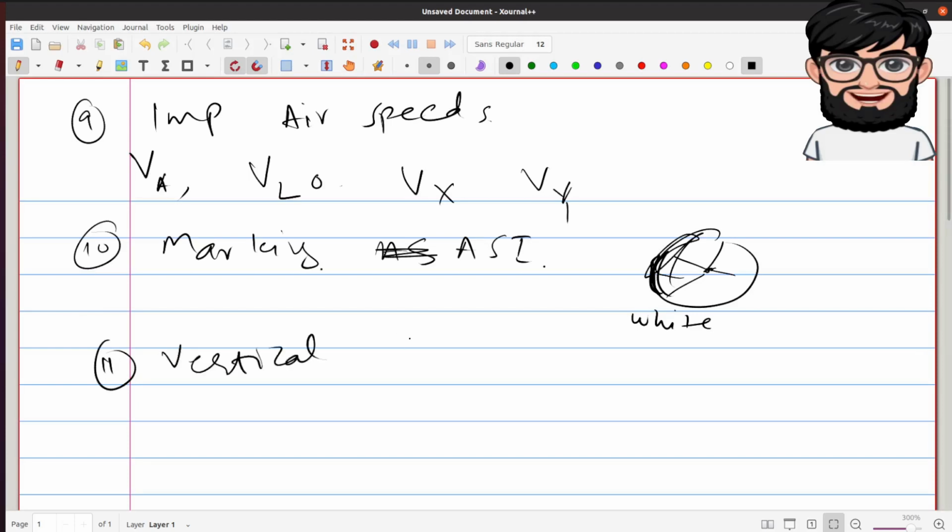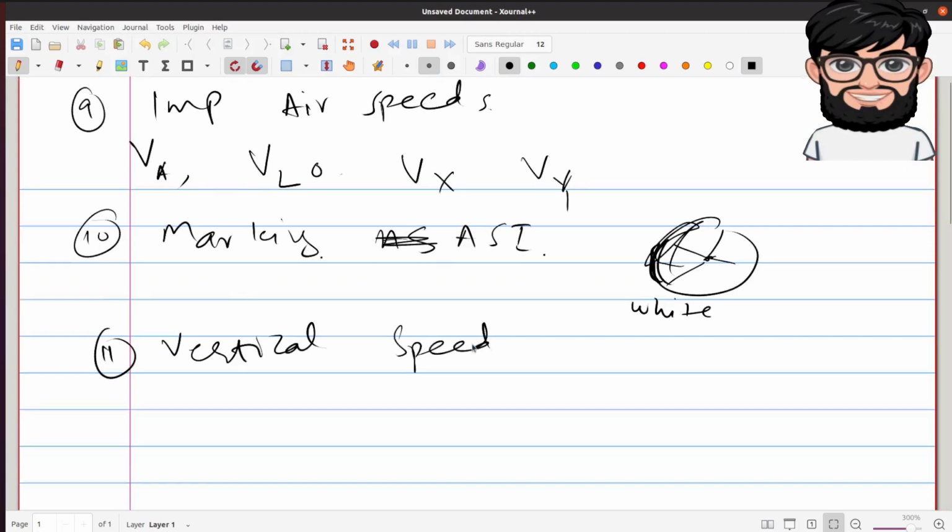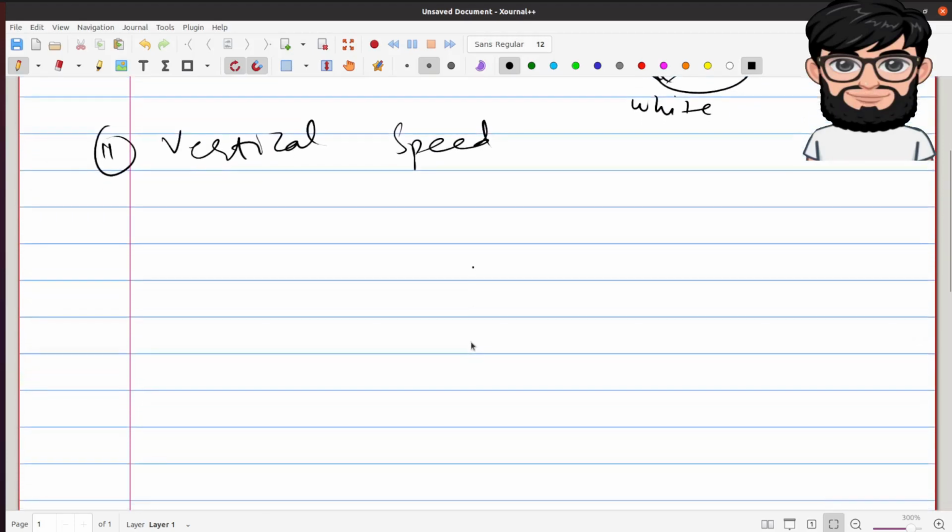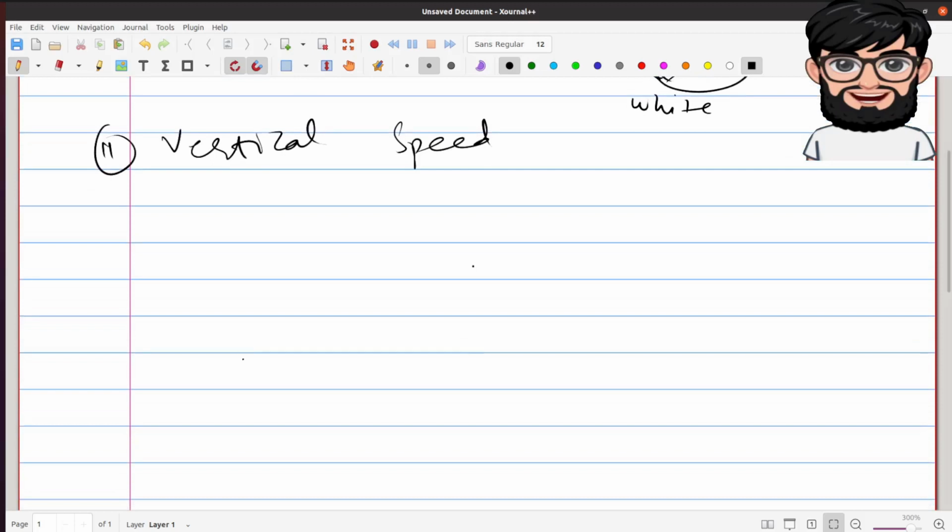Now we want to talk about the vertical speed indicator. It is very similar to what we already covered; we did talk about the pressure altimeter. So how does it know the vertical speed of the aircraft? Again, this indicator is a pressure differential instrument.